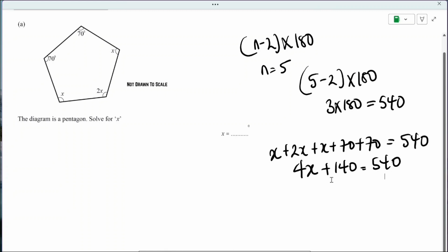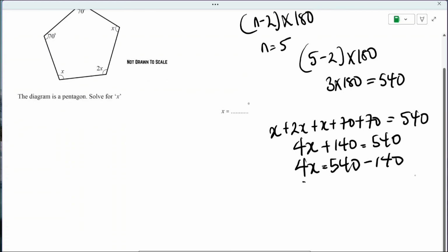We're looking for x, so we take this plus 140 over the equals sign, it turns to minus 140. But you know, standard in math, you say subtract 140 from both sides. You have 4x equals 540 minus 140, which will give you 400.